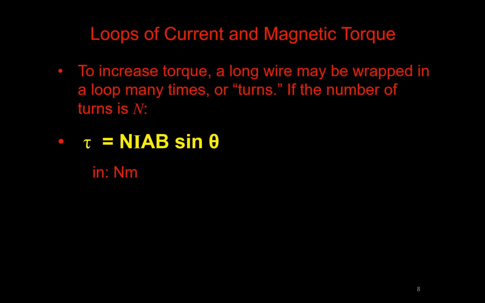So if we look at the torque, we can actually define it as this. Torque will be NIAB sine theta if we're given an angle that our loop sits in the field. And this is a torque, remember, so your units are going to come back in terms of force times a distance, in terms of Newton meters.